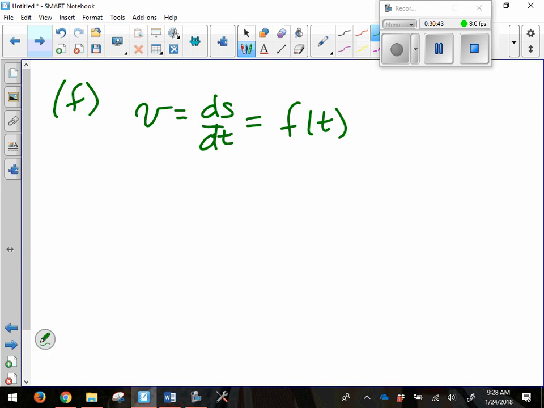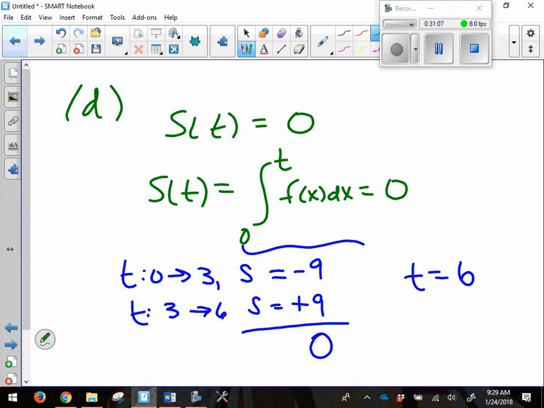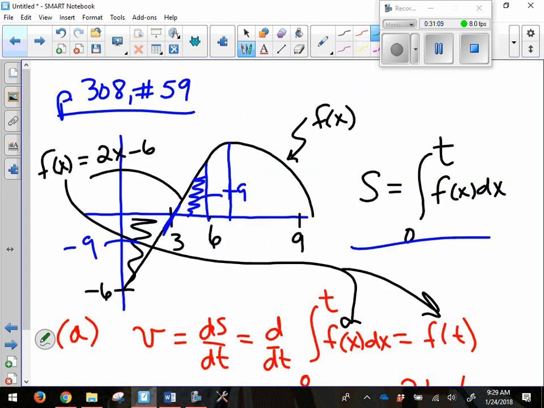All right. So basically what we're looking for then is the sign of f of t, right? So remember that we're starting at the origin. And what's the sign of f of t when we're starting out down here?